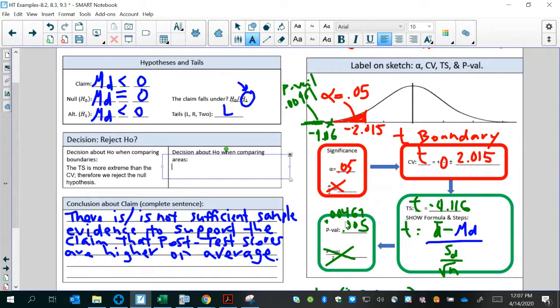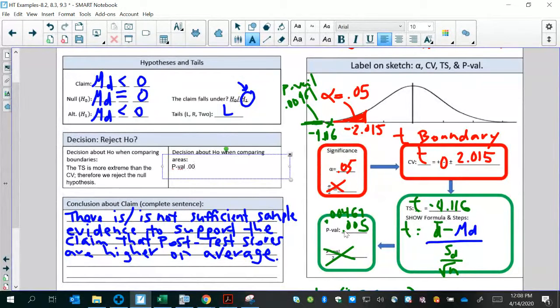So what we're trying to see is, is it possible that this test statistic happened just as a fluke, or is this so extreme when considering the claim that the claim is probably incorrect? All right, so what we look at is if the p-value is low.